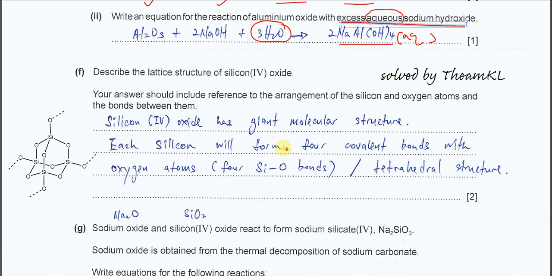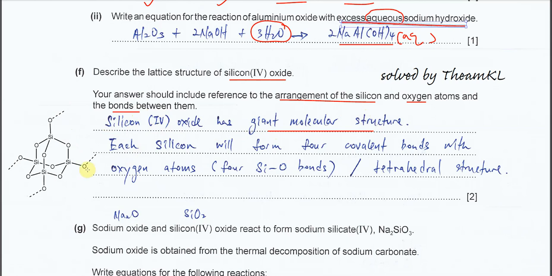Part F. Describe the structure of silicon(IV) oxide. Your answer should include reference to the arrangement of silicon and oxygen, what the structure is, and the bonding. The bonding is very easy, it's just covalent bonding. The structure is tetrahedral. Silicon(IV) oxide has a giant molecular structure, a giant network.